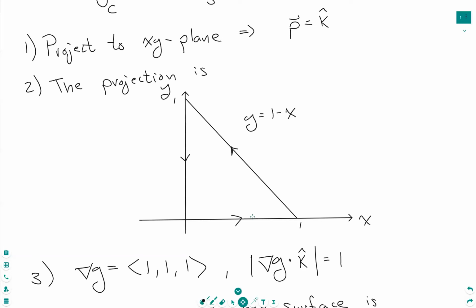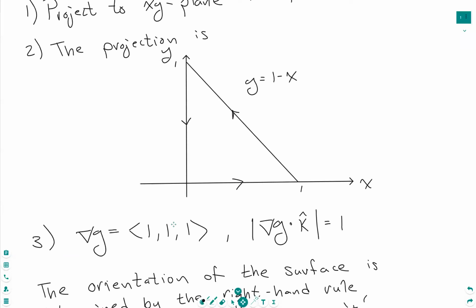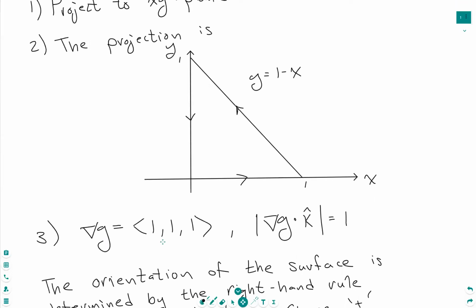And that's why we also draw the arrows here. So if you use the right-hand rule, meaning you put the base of your palm on the screen and you curl your fingers in the direction that's happening, you can see that the normal should be pointing in a positive z direction, right? So that means that we're going to choose the positive here.